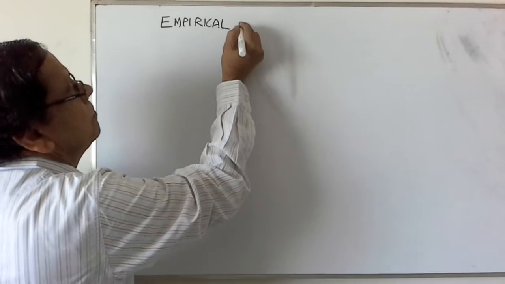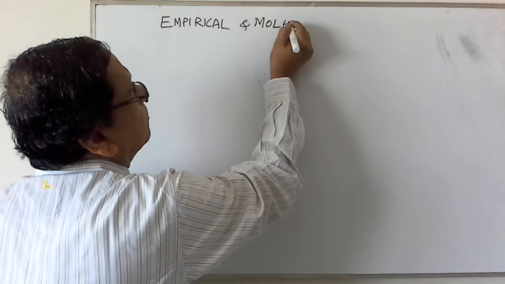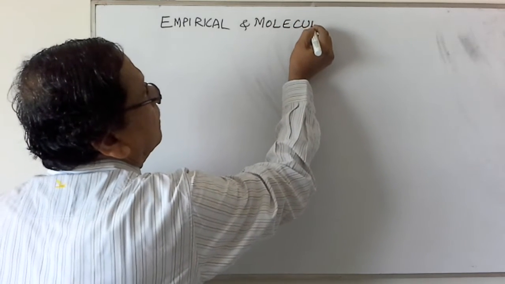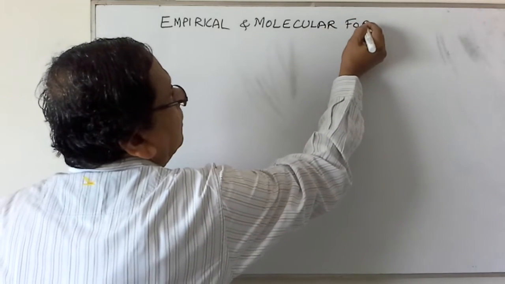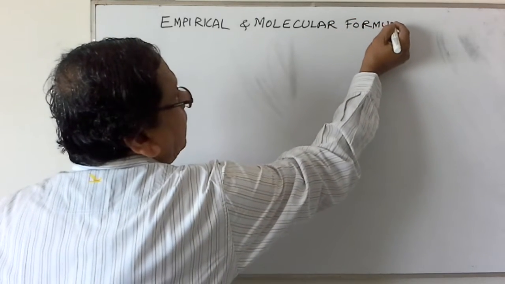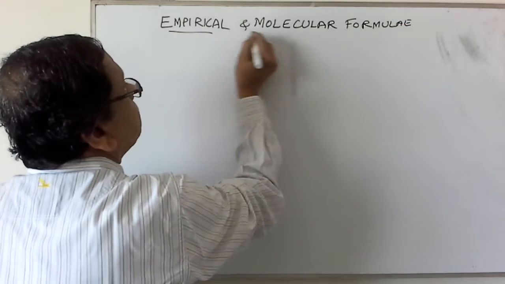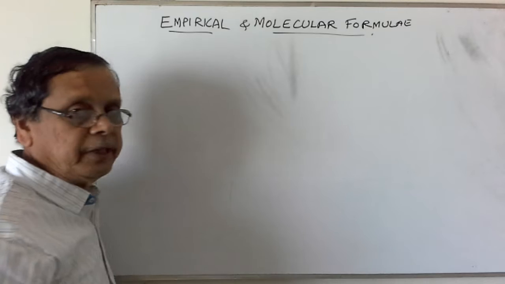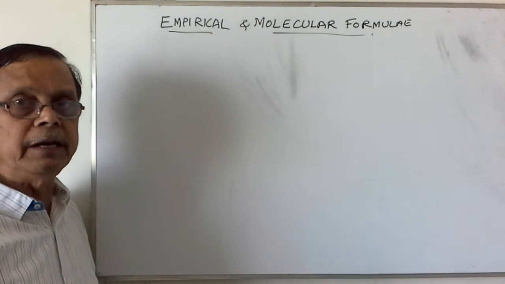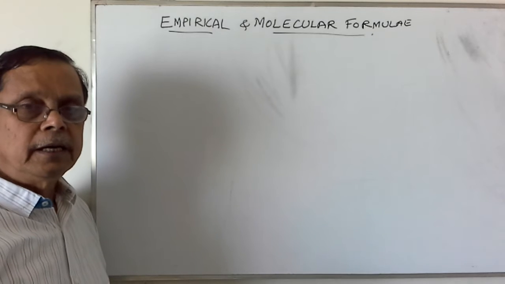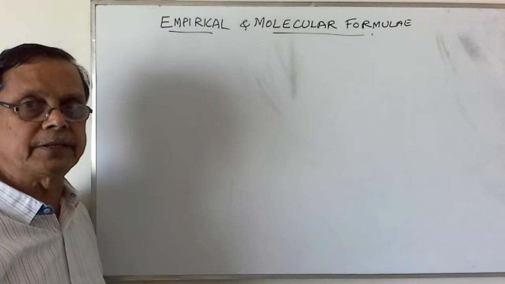So first let us see what is meant by empirical and molecular formula. When we have a particular compound, that compound is indicated with the formula that is called the molecular formula. But actually the empirical formula indicates the simplest ratio among the atoms of various elements.